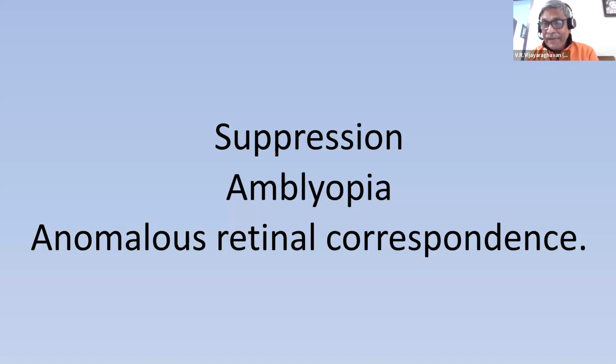In facultative, only when both eyes are open will suppression be there in the squinting eye. Whereas in obligatory suppression, even when the normal eye is closed, the patient still has suppression. That obligatory suppression is responsible for, your answer is, amblyopia.